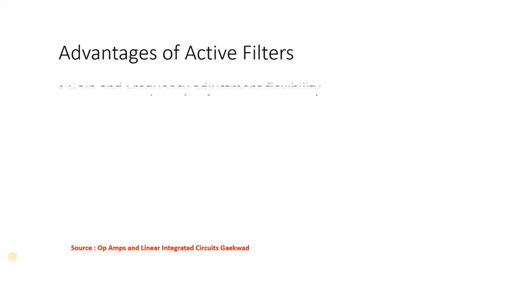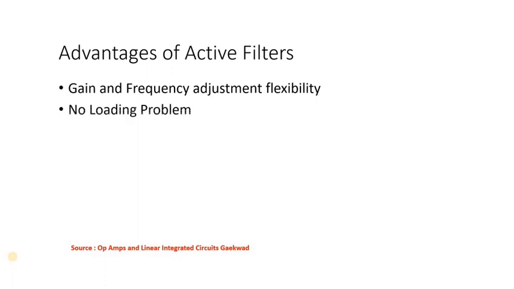So now, what are the advantages of active filters? In the conventional ones, we don't have this flexibility. When you are going for active filters using an operational amplifier or some BJT amplifier or MOSFET amplifier, it gives us freedom to adjust gain and frequency. There is no loading problem.